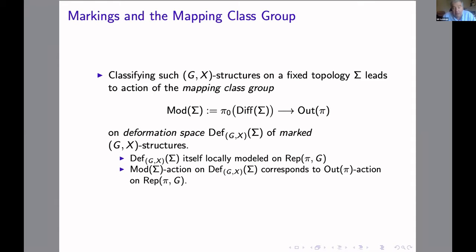We will model it on Euclidean space with a group of isometries, and we want to find an extra structure of a marking, like in Buch's talk, which will be a topological coordinate system. The extra structure will give rise to a more tractable space. So that'll be the deformation space of GX structures on sigma, where GX corresponds to the action. And these actions will correspond to actions of the mapping class group of changing the marking.